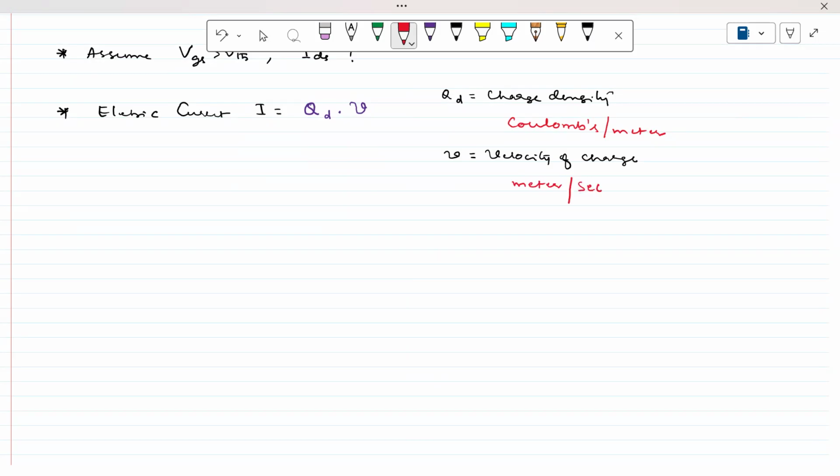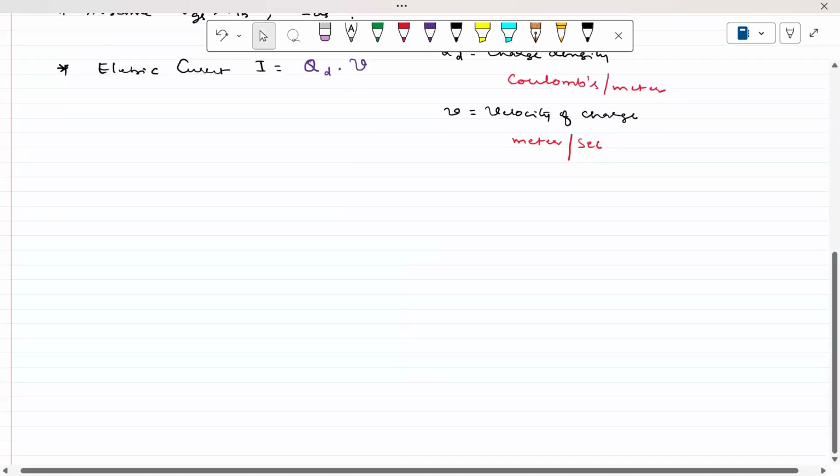Now we have to derive this. What is the charge density within the channel, and what is the velocity of the carrier within the channel? Based on that only, we are able to calculate how much current is available in a channel. Let us understand charge density QD.